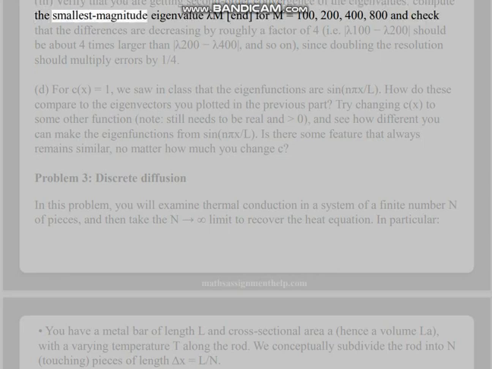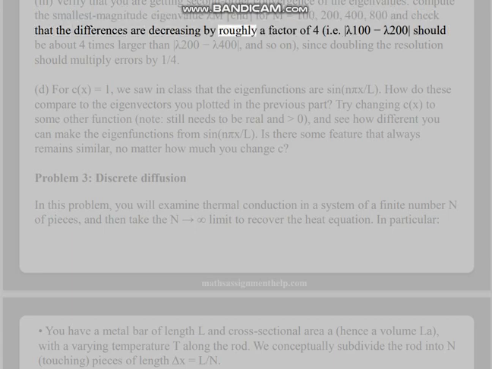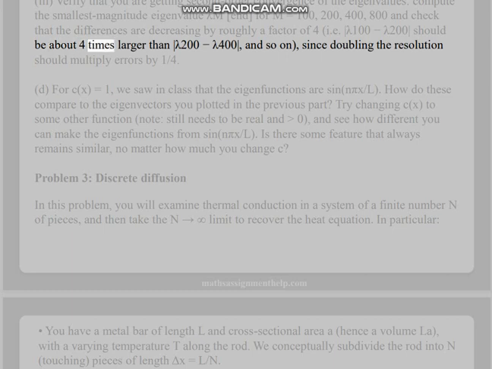Compute the smallest magnitude eigenvalue lambda[m][end] for m equals 100, 200, 400, 800 and check that the differences are decreasing by roughly a factor of 4, i.e., lambda 100 minus lambda 200 should be about 4 times larger than lambda 200 minus lambda 400, and so on, since doubling the resolution should multiply errors by 1/4.